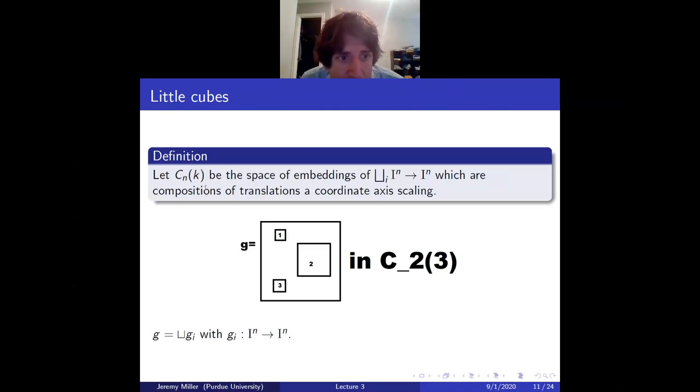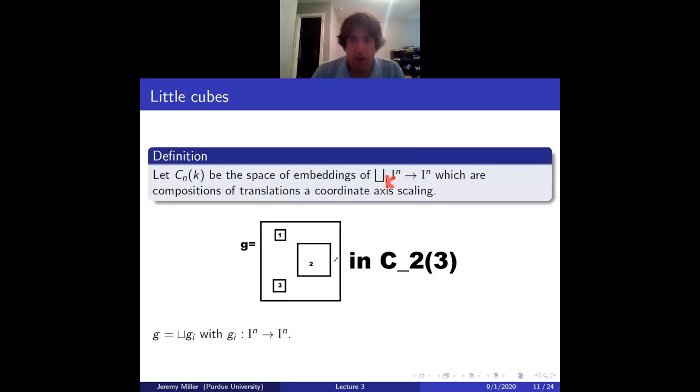So let C n k be the space of embeddings of k n-dimensional cubes into an n-dimensional cube, and I want these embeddings to just be scaling in a coordinate axis direction composed with translations.